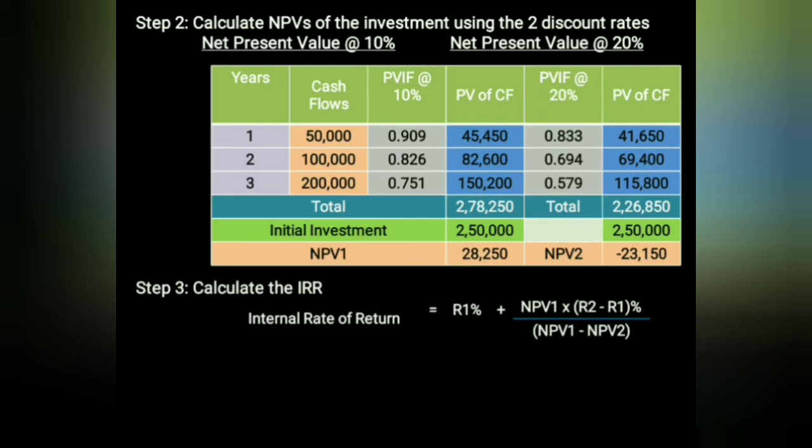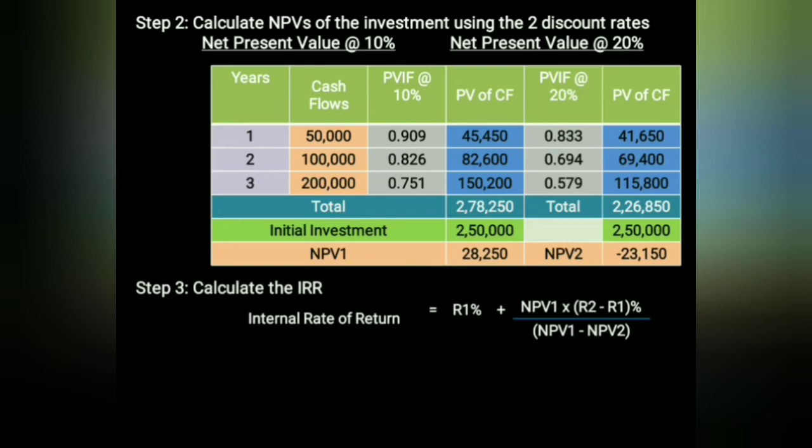Here we have a formula for the IRR, internal rate of return. Internal rate of return equals R1 plus NPV1 into R2 minus R1 divided by NPV1 minus NPV2. R1 means the percentage we selected, the lower one, that is 10% here, the required rate of return of 10%.